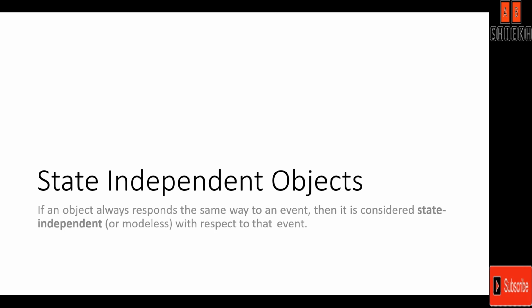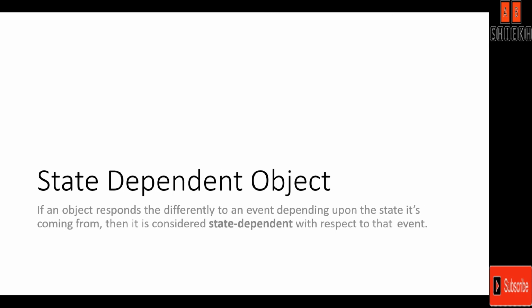The object is then state independent with respect to that particular message. If for all events of interest, an object always reacts the same way, then we say the object is a state independent object.